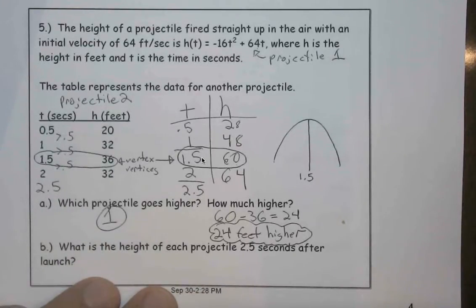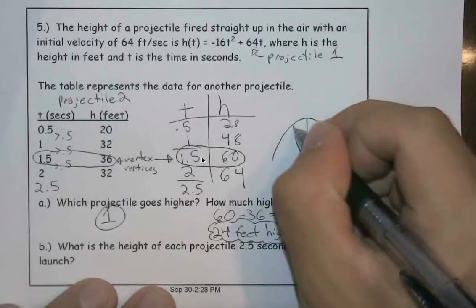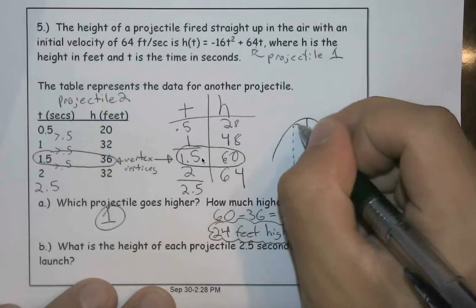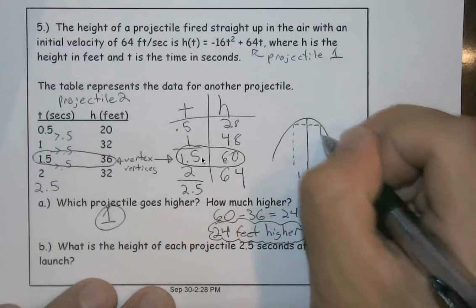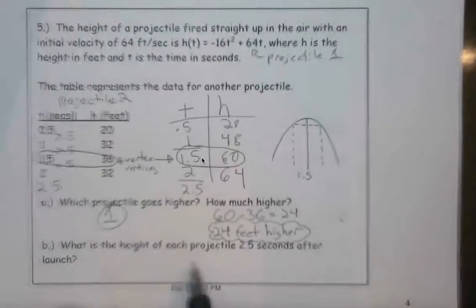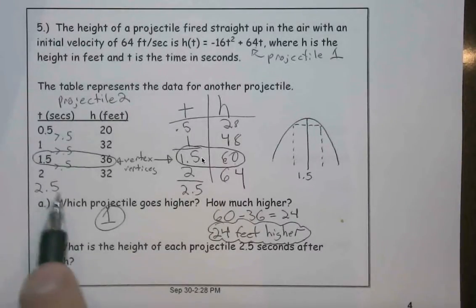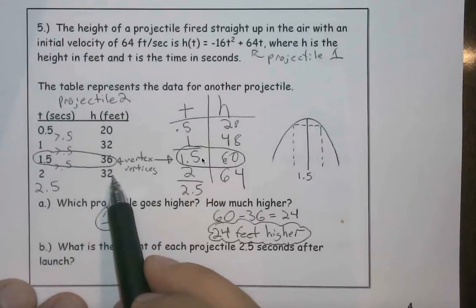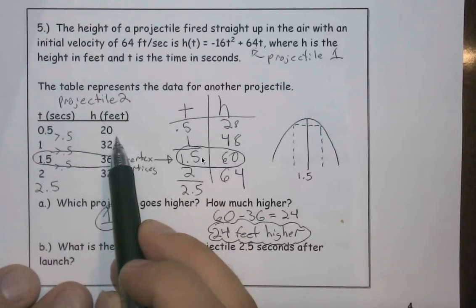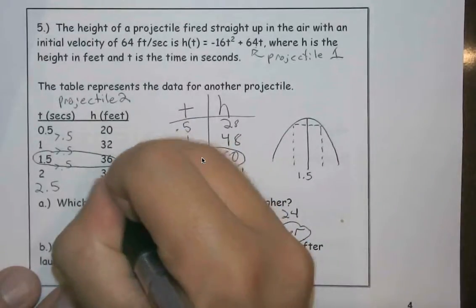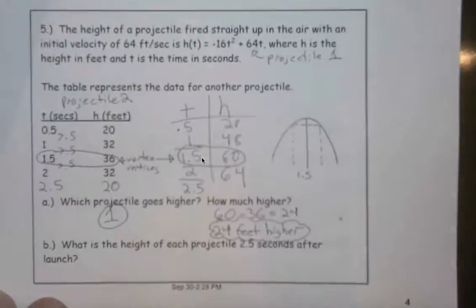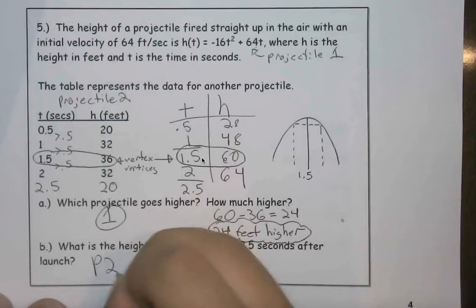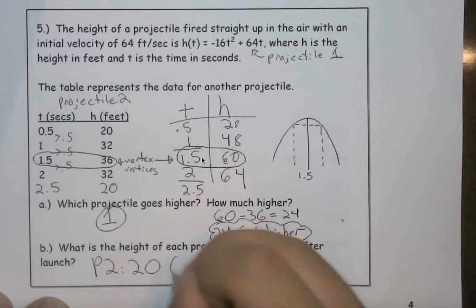So we can assume that as it comes back down to Earth, we have points that we can just reference again. So after 2.5 seconds for the second projectile, we know 36 is the highest. It then goes back to 32. We can assume that it's going to go to 20 as well. So for P2, this is going to be 20 feet.